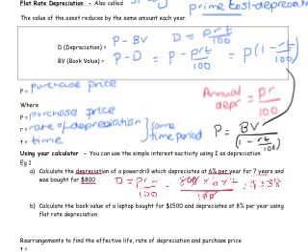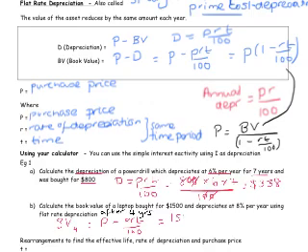B. Calculate the book value of a laptop bought for $1,500 and depreciates at 8% per year using flat rate depreciation. We actually haven't got enough information there. I'm going to say after 4 years. So we want the book value after 4 years. So book value is purchase price minus depreciation. So book value at 4 years is purchase price minus PRT on 100, because I know the purchase price, I know the depreciation rate, and I know the time.